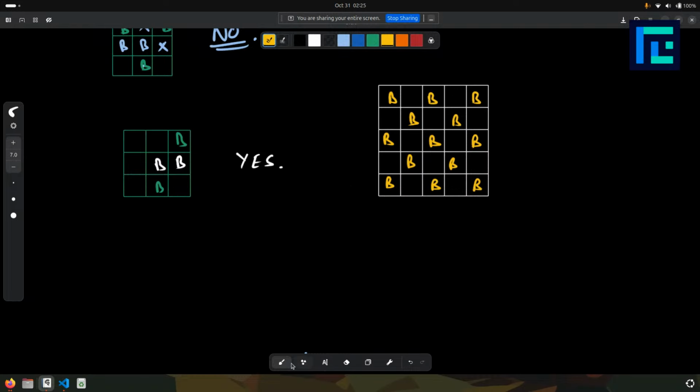In this, there is no way to connect these black cells, because any cell that I try to color black would make a horizontal or vertical consecutive three blacks. So basically there is no cell that I can color black. So the answer for this test case would be no as well.